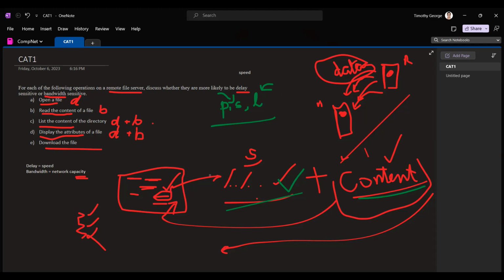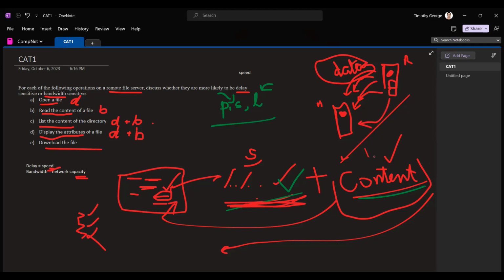But if you look at the directory, when we needed to know the attributes of the file, like how big the file was, what the permissions of the file are, all those kind of things, even when we did opening the file, when you need the directory structure, where that file is located, that was heavily dependent on speed. But downloading the file, you're looking mostly at the file itself moving from the remote server to the host.